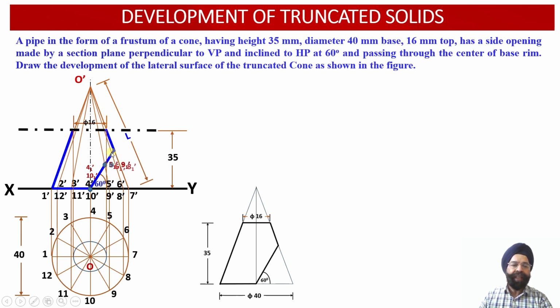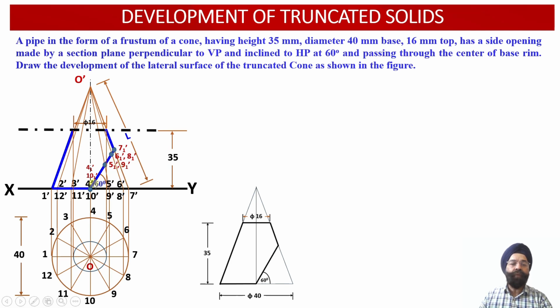Similarly, at this point we are going to obtain point 6-1'. The 6-1' point is obtained on the apparent length of the slant generator O6' by virtue of its intersection with the cutting plane. Similarly, 8-1' is the point of intersection obtained on the apparent length of the slant generator O8'. And the last point of intersection happens to be 7-1'. So 7-1' appears on the true length of the slant generator O7'.